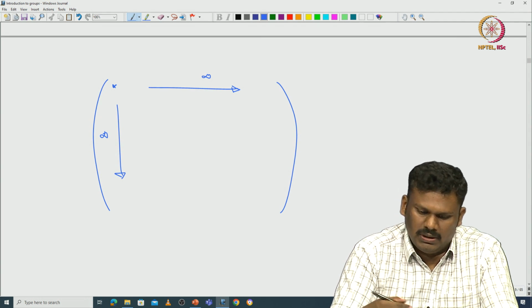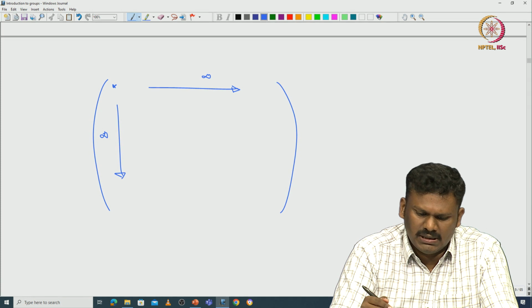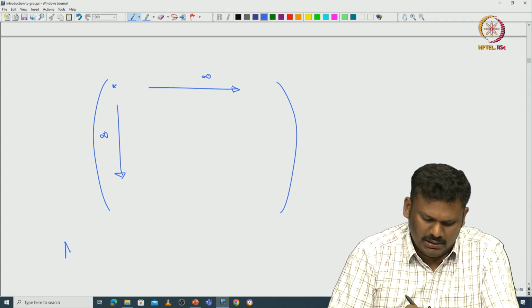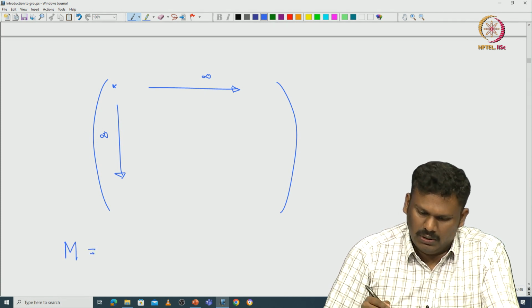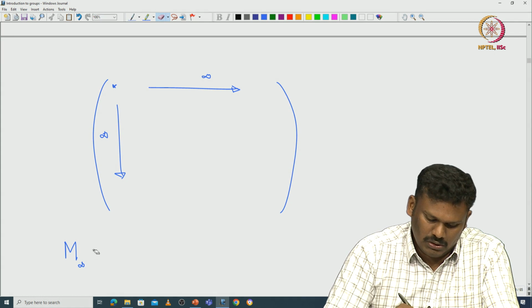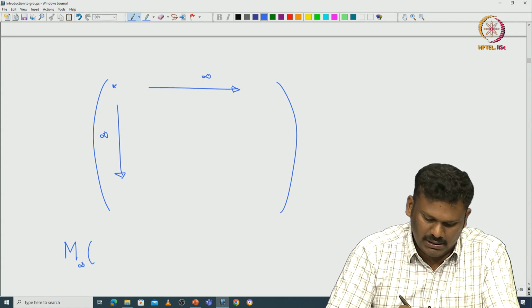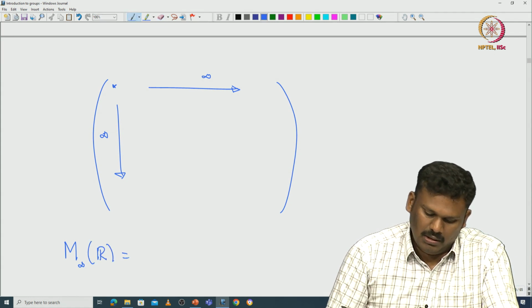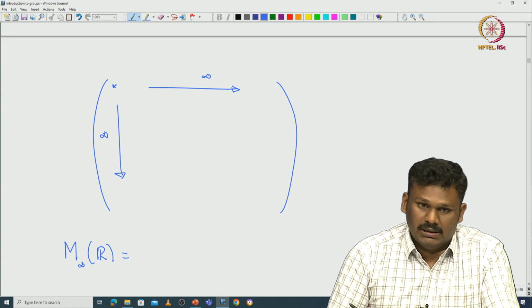So what is this? This is the set capital M. I do not want to give any name for this, so let us call it maybe M infinity. Let us consider only the real matrices where all the entries are real.